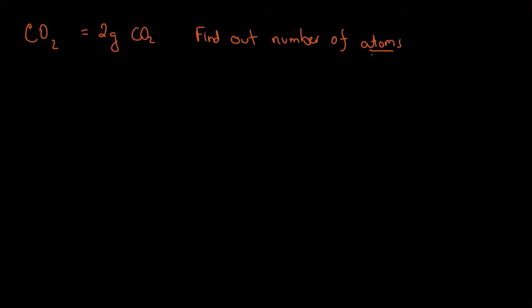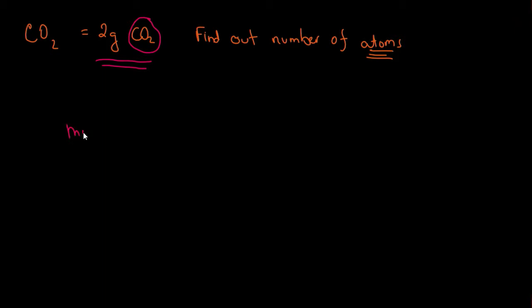This is very important. They're asking about the number of atoms and not the number of molecules. So with the 2 grams of CO2, CO2 is a molecule. So if you find the moles of that, you'll find the moles of the molecule CO2. You're not getting the atoms. So okay, let's figure that out first.